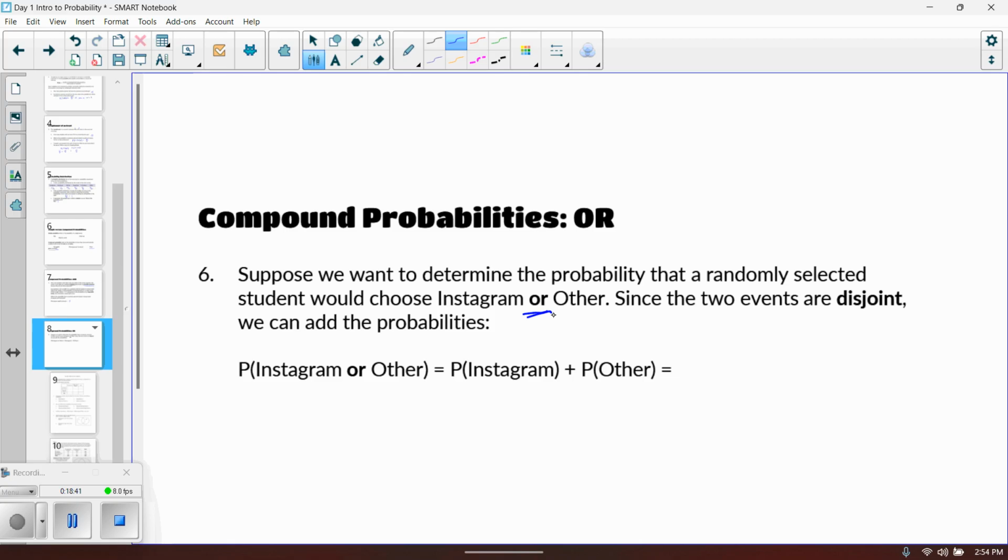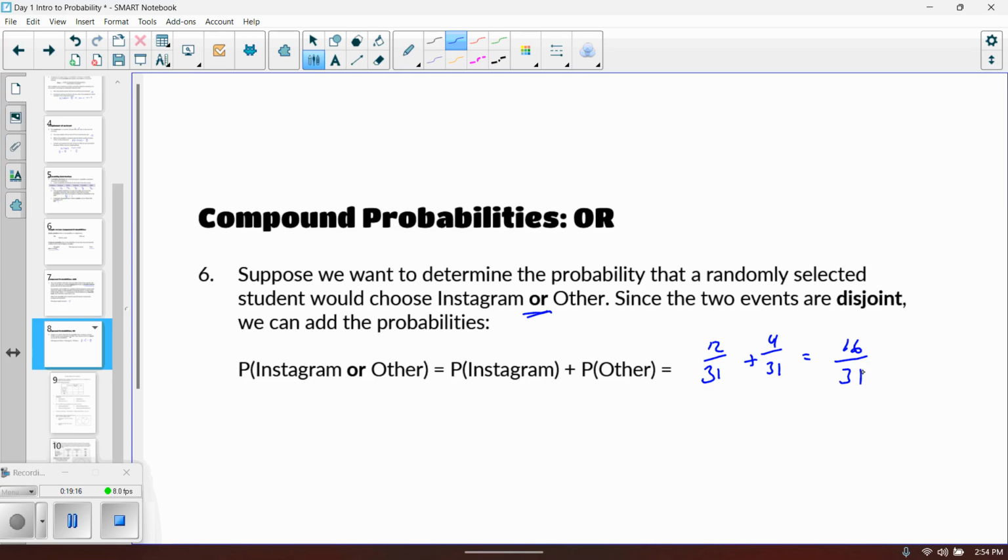In other words, if you look back at the chart, the number of people that selected Instagram was 12 out of 31. The people that selected other was 4 out of 31. So the probability that somebody selected one or the other one, they don't have to have selected both, just one or the other, ends up being 16 people out of the 31. And again, I hope that that makes some kind of sense.